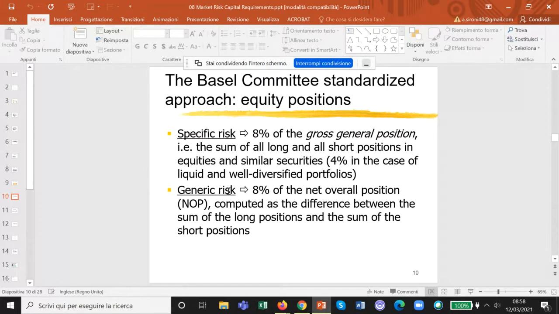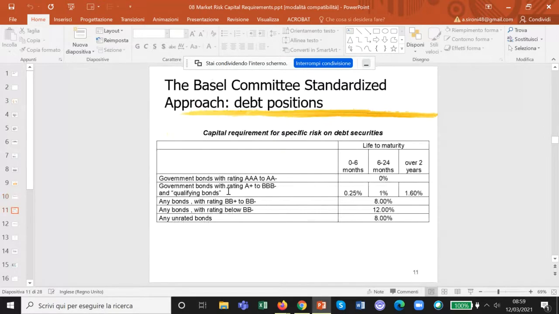And the generic risk, the systematic risk, is 8% of the net position, okay? So in the case of the specific risk, it is the gross position. So you add up long and short. In the case of the generic risk, because you're looking only at the systematic risk, so the market risk, you take the net position, okay? So the difference between long and short.